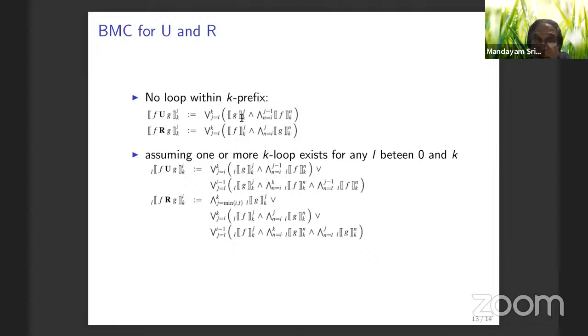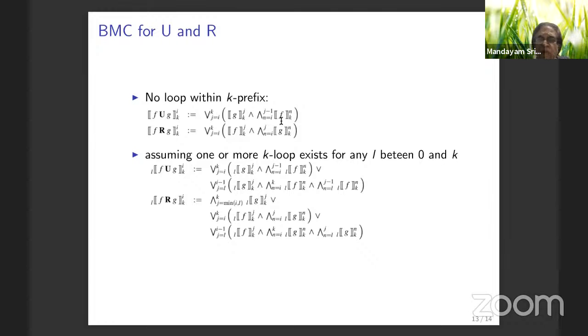It's a disjunction of pairs of conjunctions, okay? So if G is true at some J from I to K, then you have to check if F is true all the way from I to the previous point, J minus 1.